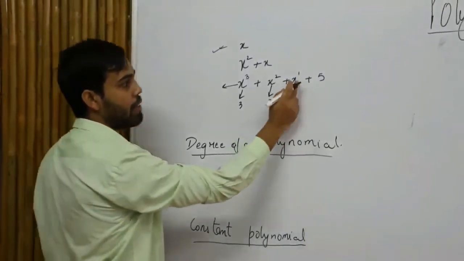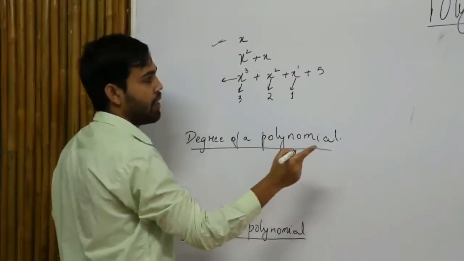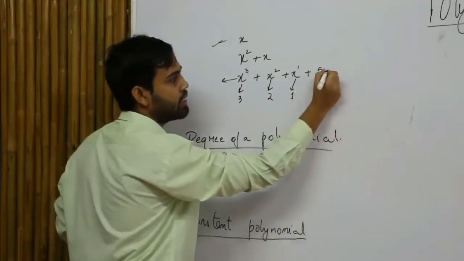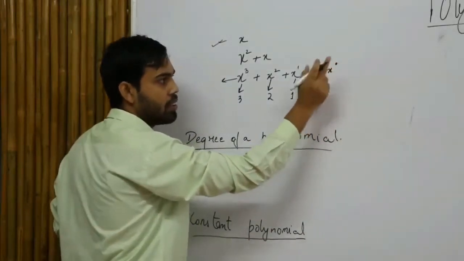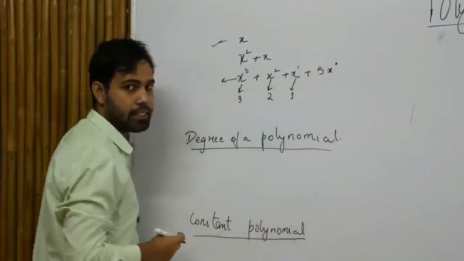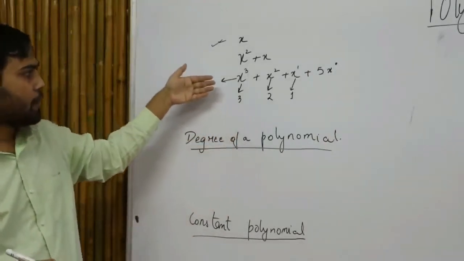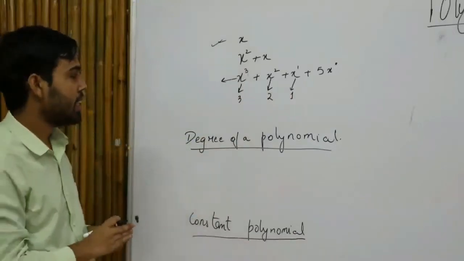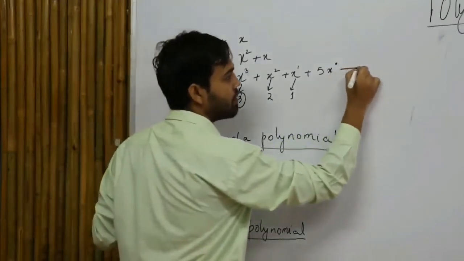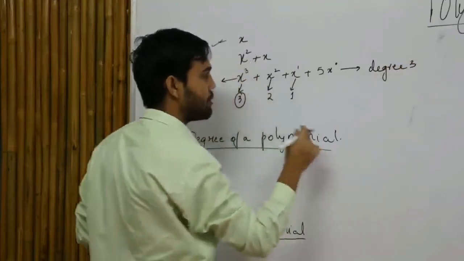Again, for 5, although there is nothing in here, I can introduce x to the power 0. Keep in mind, x to the power 0 is 1, so 5 can be written as 5x to the power 0. You notice that for different terms I have different powers, and here the maximum power is 3. So I say the degree of this polynomial is 3.